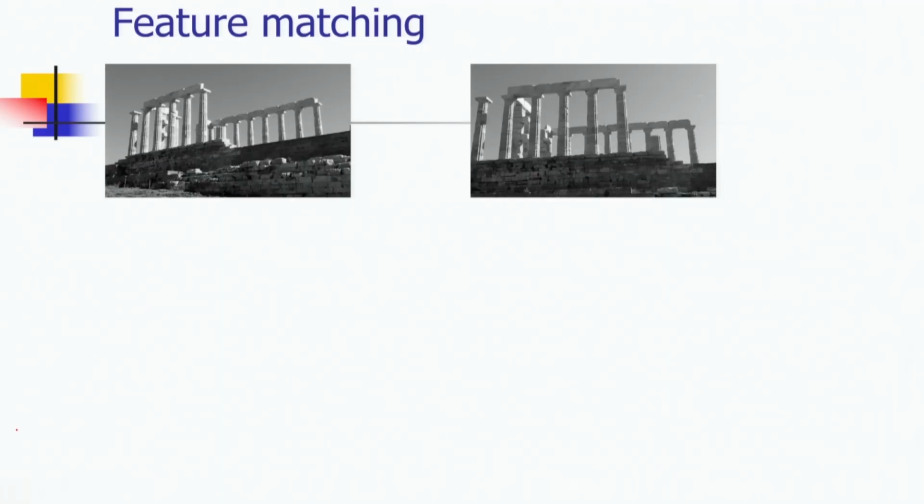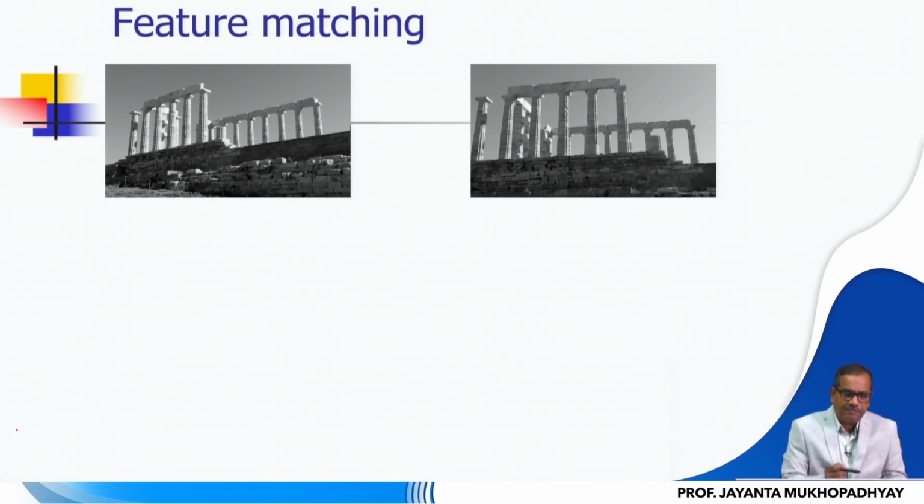In the last lecture, I discussed feature detectors, particularly the key point detector. The observation is that key points are those points where, if you move around the neighborhood, you will have significant changes in the statistics of the brightness distributions.